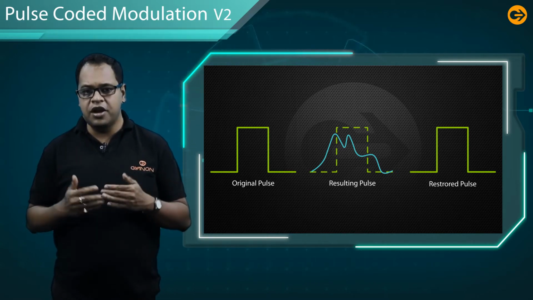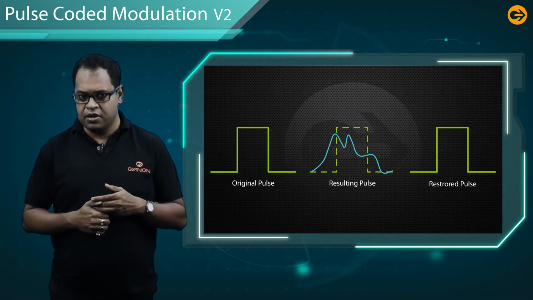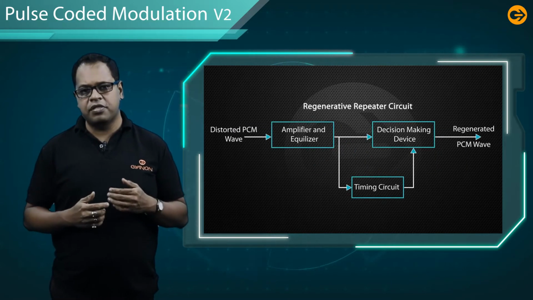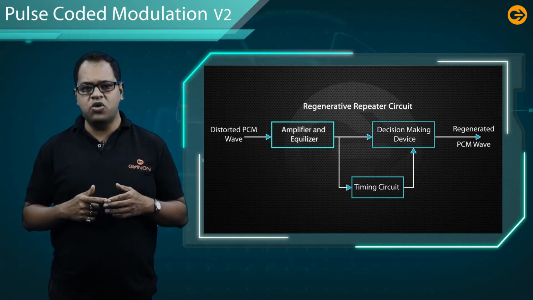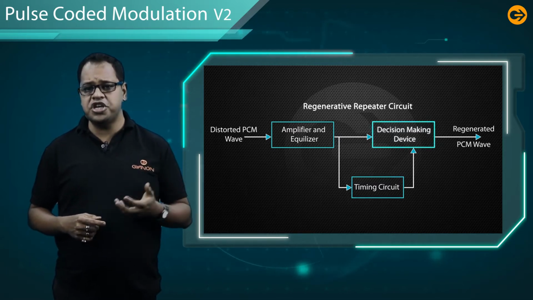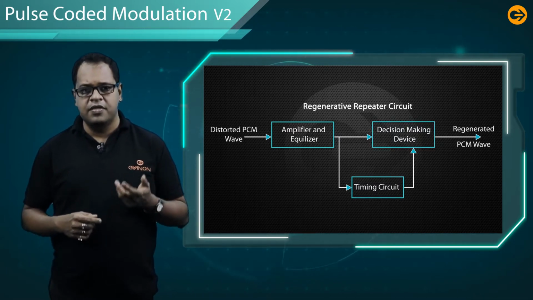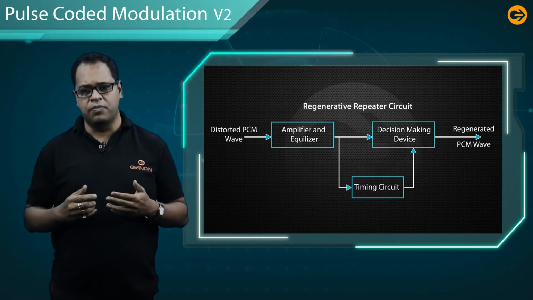This helps in restoring the signals from the losses that occurred. Let us discuss the blocks of the regenerative repeater. This consists of an equalizer with an amplifier, a timing circuit and a decision-making device. Let us discuss the function of the blocks one by one.